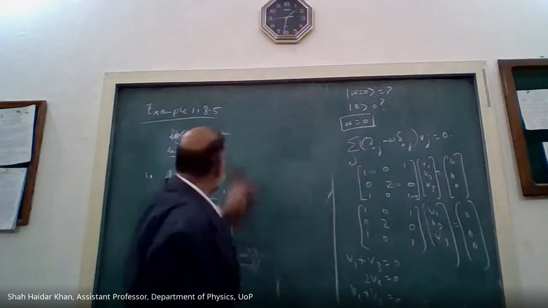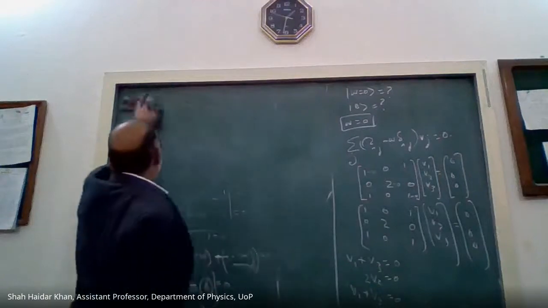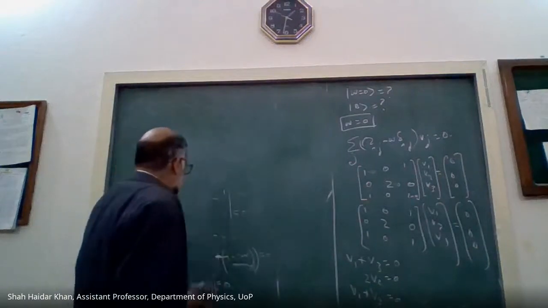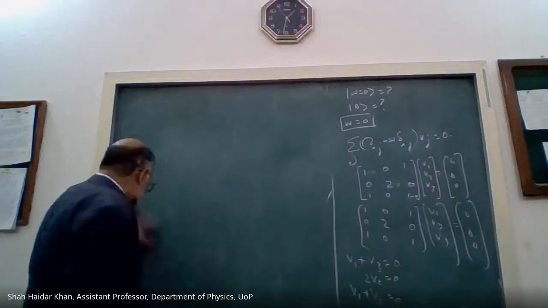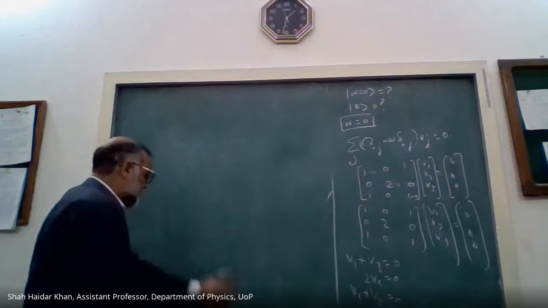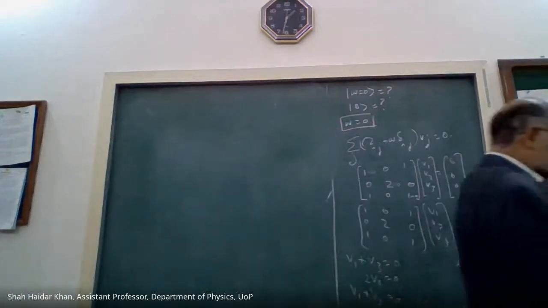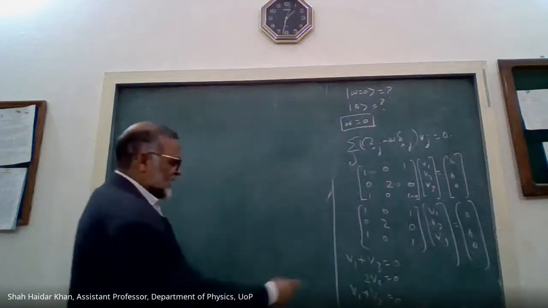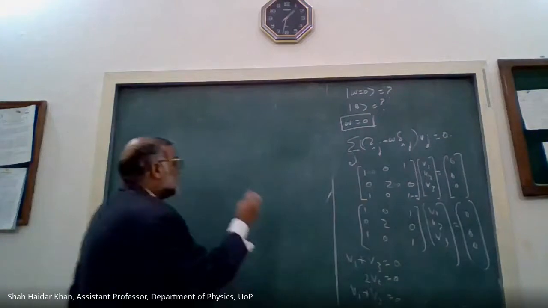We get only one piece of information from here. You can say two pieces of information, right? One is V2 equal to 0.